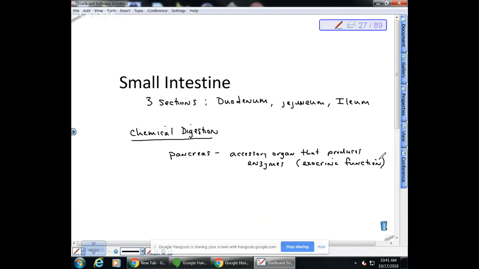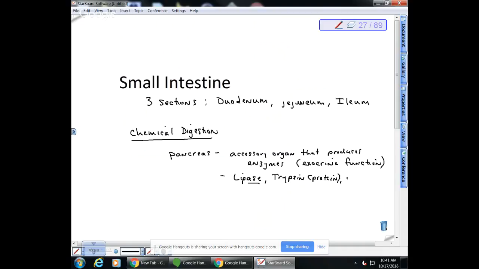Okay. We have all kinds of enzymes coming from this. So for example, we have lipase, right, that digests lipids. We have an enzyme called trypsin, which digests protein.